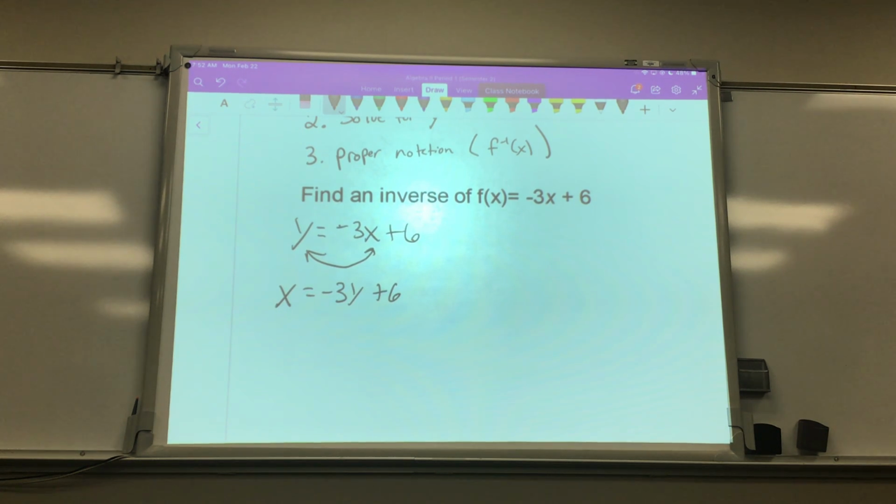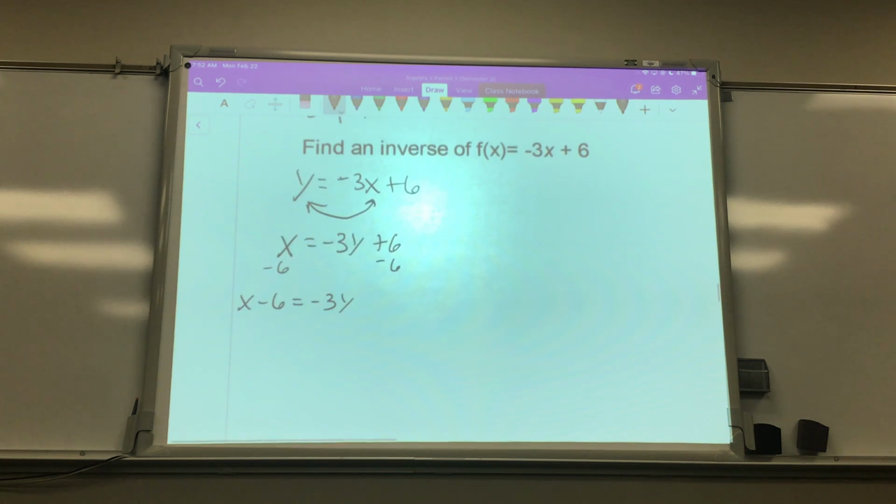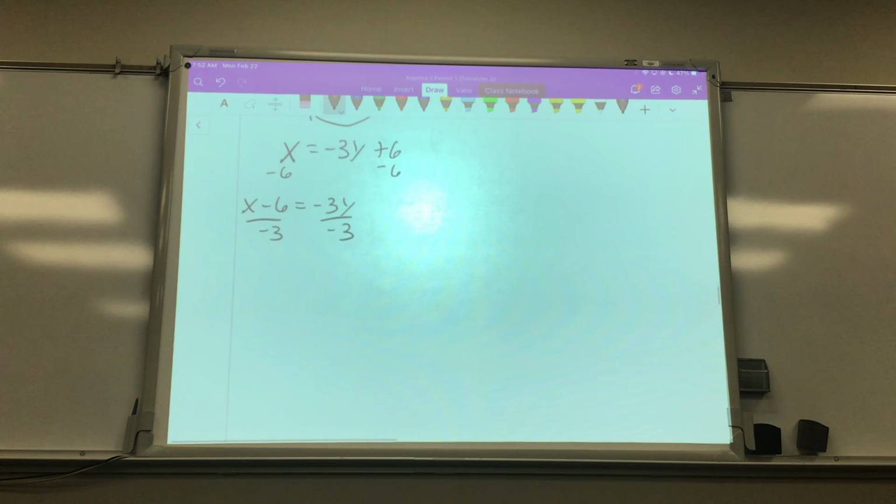Now, solving for y, we have to subtract that 6 over. So we got x minus 6 equals negative 3y. And by dividing by that negative 3, we got x minus 6 over negative 3 equals y.